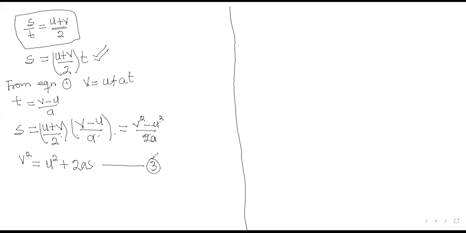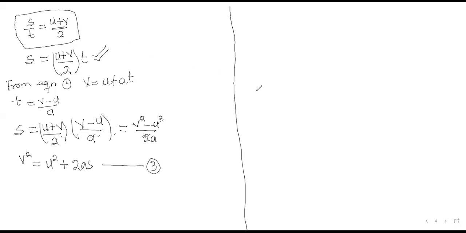Is it a question? Sir, this is a question. Why did we use the formula we derived when we made time the subject in finding the third equation of motion?